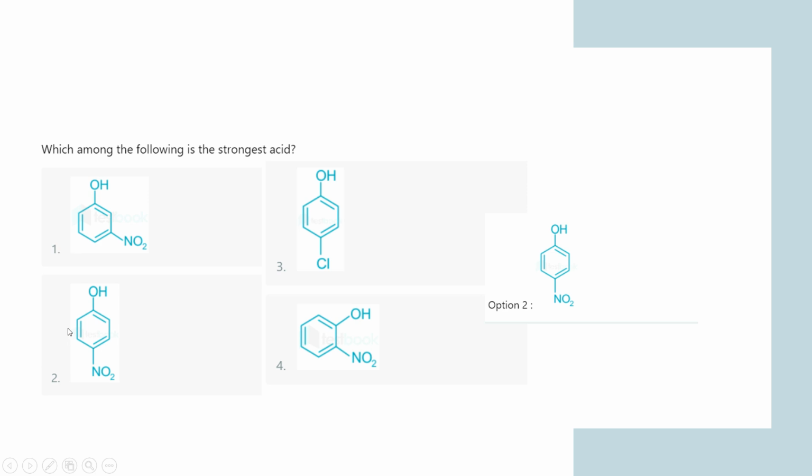So when we compare these 3 to each other, ortho and para will have more electron withdrawing effect than meta. So presence of nitro on meta is also withdrawing electron but not as efficiently as ortho and para, because here mesomeric effect is also acting. So now we are left with option 2 and 4, orthonitro and paranitro.